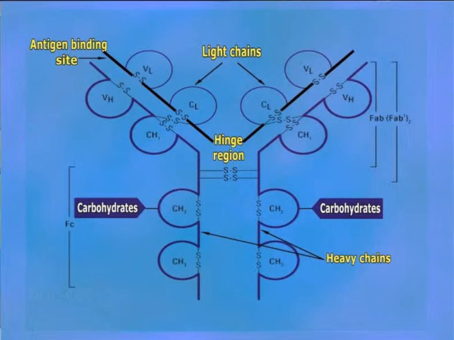The amino acid sequence in the tips of the Y varies greatly among different antibodies. This variable region, composed of 110 to 130 amino acids, gives the antibody its specificity for binding antigen. The variable region includes the ends of the light and heavy chain.